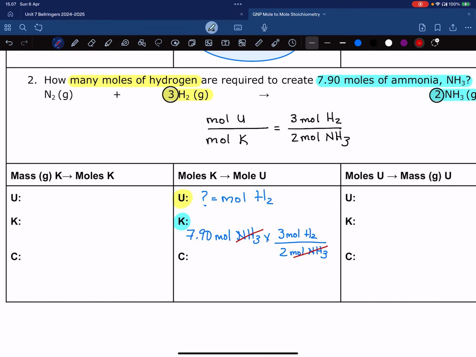Actually, let me back that up. There's probably an easier way to do it. I'm going to take 7.9 and multiply it by 3 over 2. So I'm going to put in 7.9 times, parentheses, 3 divided by 2, close parentheses, equals 11.85 moles of hydrogen.